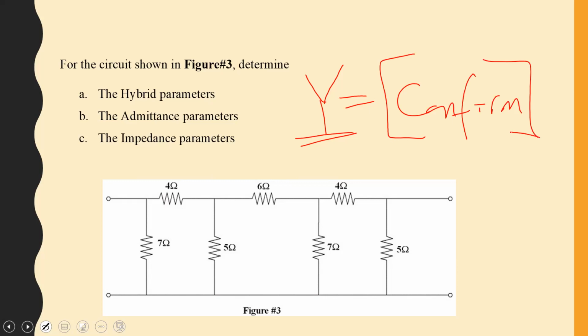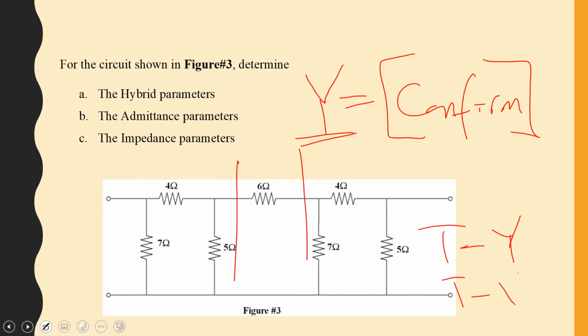All right? I guarantee you it is not as simple. But anyway, you find Y, confirm the Y values I gave you, and then you're going to break the network into 3, find the transmission parameters for each section, and the overall T. And you convert that T to Y, which you would have confirmed already.